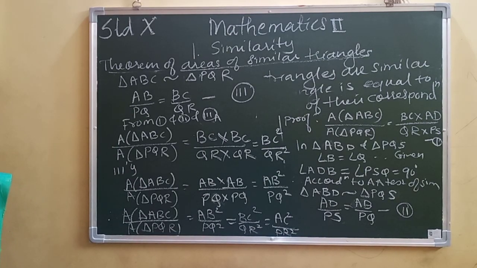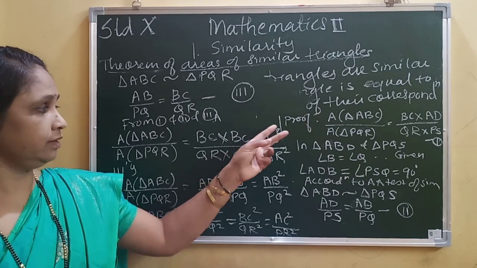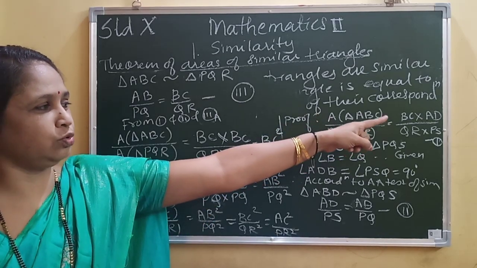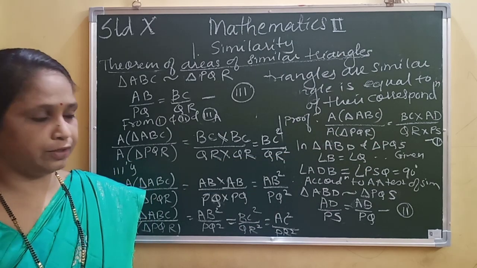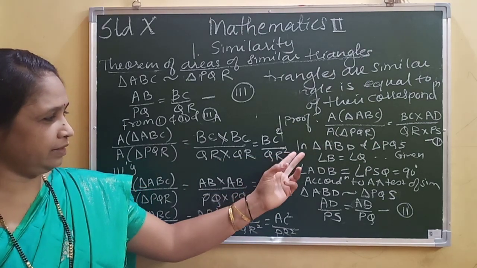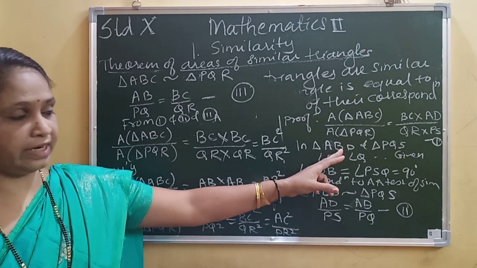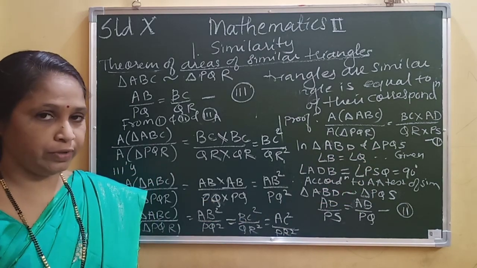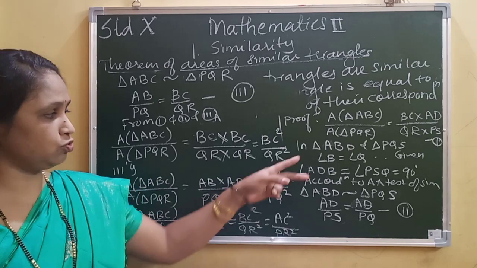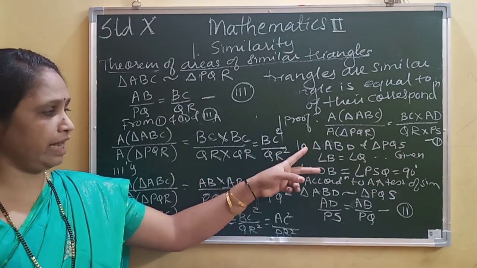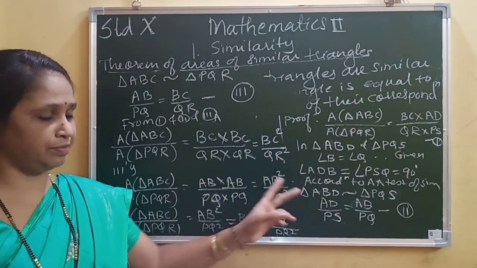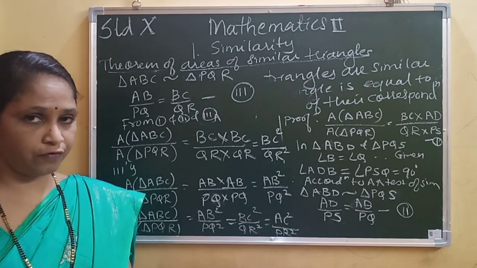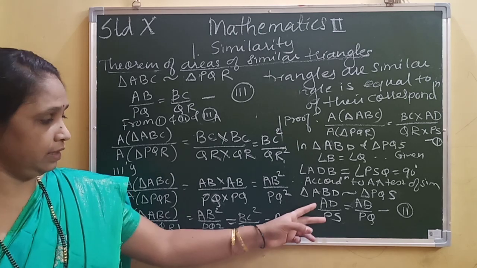Okay, so once again we will revise. For the area of triangle ABC we have to take base into height. In the other triangle you have to consider triangle ABD and triangle PQS, and we have to show that these two triangles are similar, and as they are similar, by test of similarity we can show that the ratio of their corresponding sides is equal.